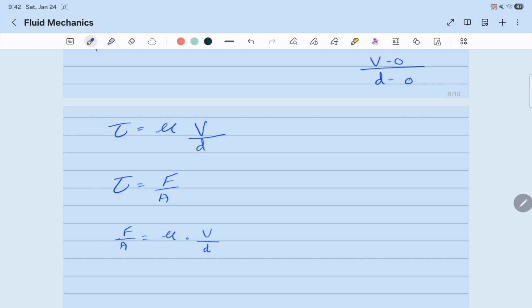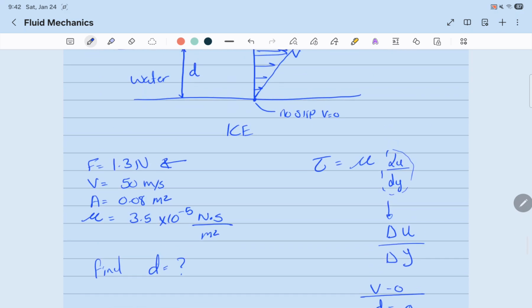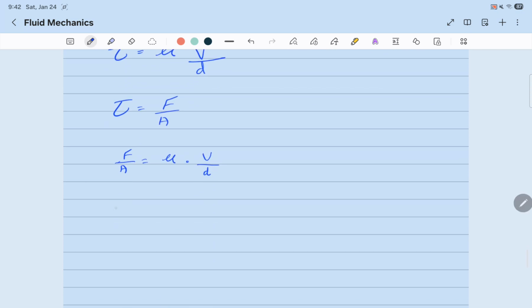We'll substitute our givens, which is 1.3 newtons divided by 0.08 meters squared equals 3.5 times 10 to the power of negative 5 newton seconds per meter squared.